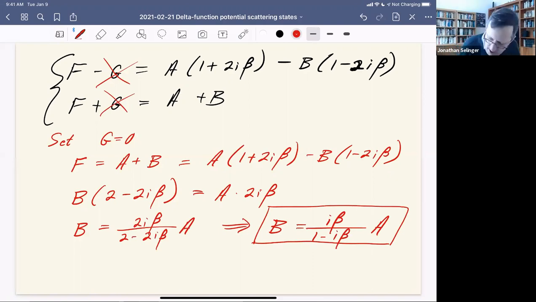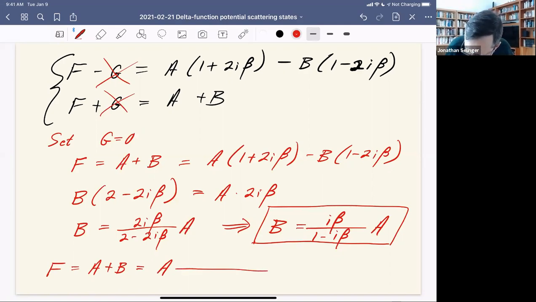And then we can get out F also. So F is then A plus B. So that is A times, well, we'll put everything over this denominator, 1 minus i beta.